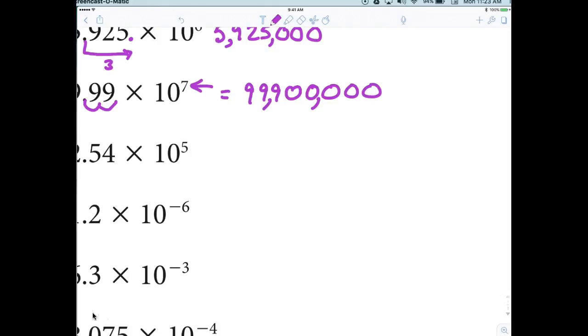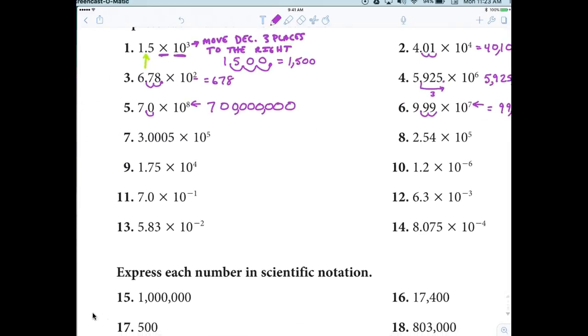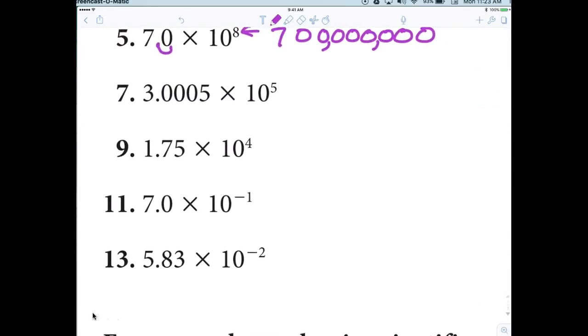All right? You good with that? Try the next one. We're going to get to that. Very good. Okay. So now, number 7. Go ahead. Tell me what to do on this one. You can do it. For 7, you have to move the decimal 5 places.